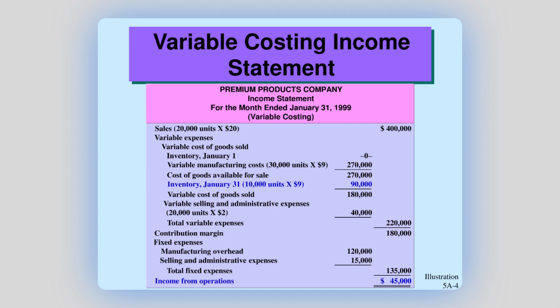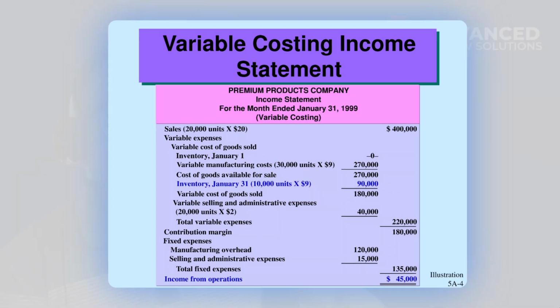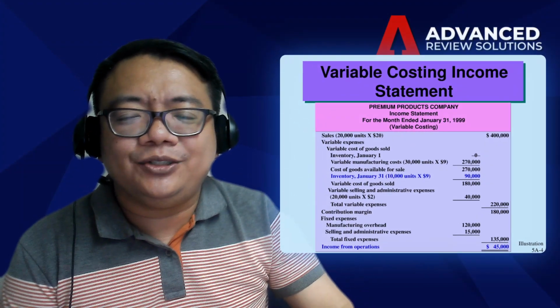For the fixed overhead, you have fixed manufacturing overhead and the fixed SG&A of 15. Is it correct, class, that the difference between 85 and 45 is 40,000? That means we are correct. The difference here is worth 40,000. Hopefully, class, you understand our discussion.